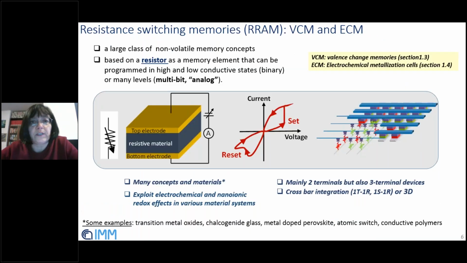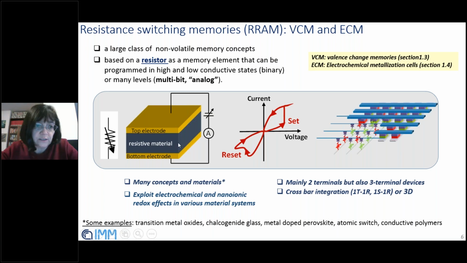I would like now to discuss in more detail resistive RAM technology, which can be divided into valence change memory and electrochemical metallization cell, depending on the switching mechanism. But resistive RAM really collects together a large class of non-volatile memory concepts based on a resistor as a memory element that can be programmed in two or more states.